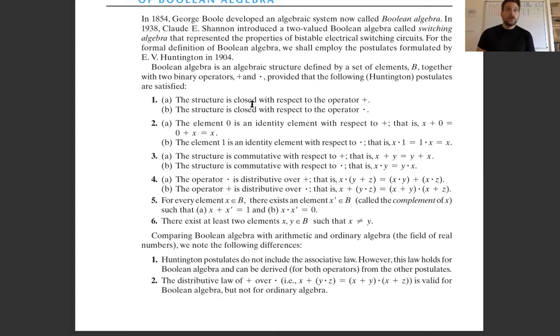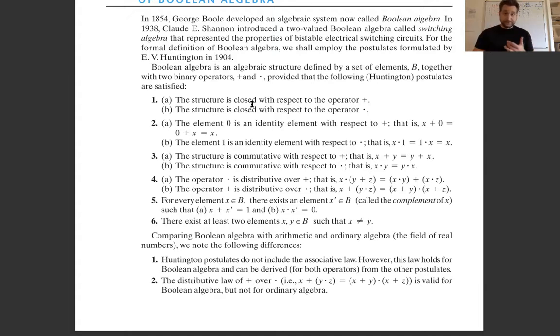The set of even numbers is closed under addition, closed under subtraction, closed under multiplication. Take any two even numbers, add them, subtract them, or multiply them. The answer will be another even number.